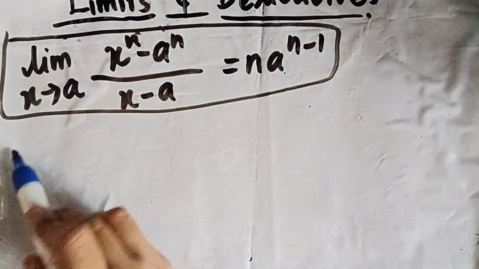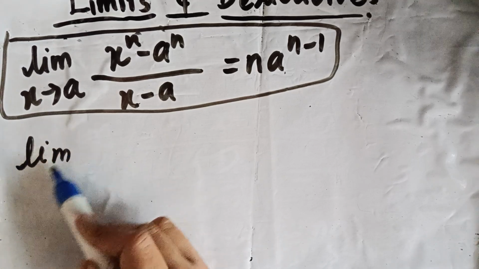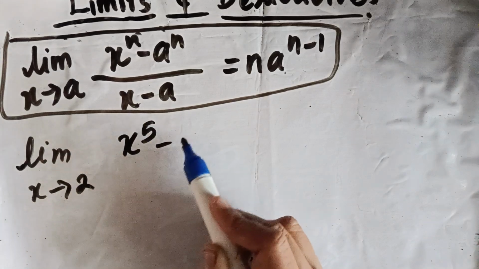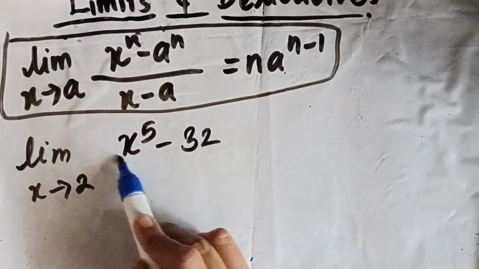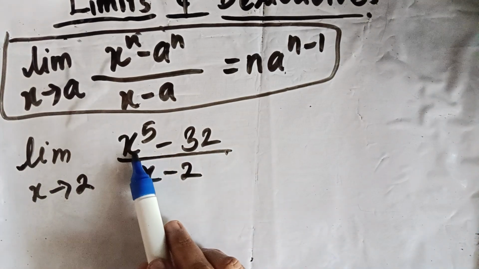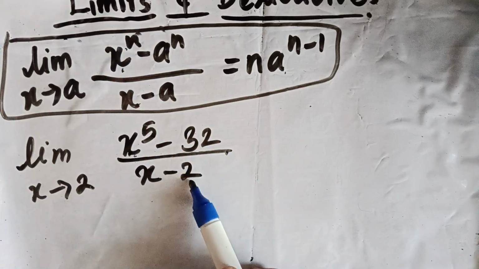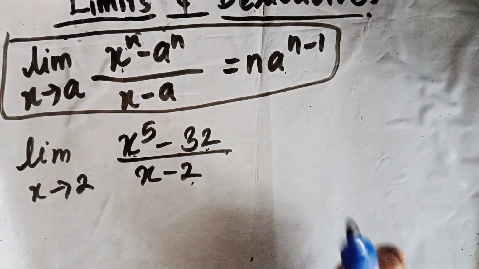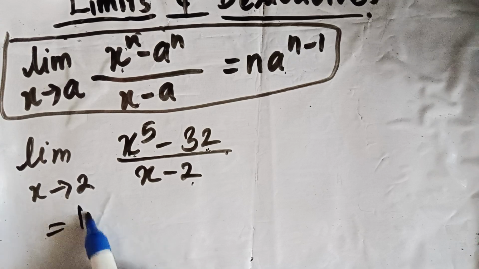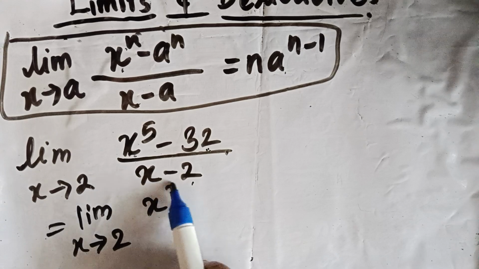So we have the question, limit as x tends to 2, x raised to 5 minus 32 upon x minus 2. So this is of the form x raised to n, right? And here 2 is given. So you have to check whether you get 2 raised to 5 is 32 or not.